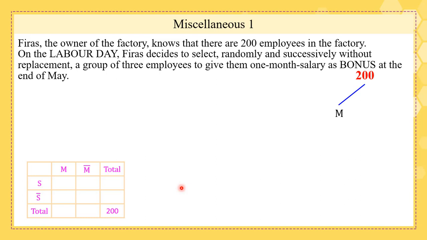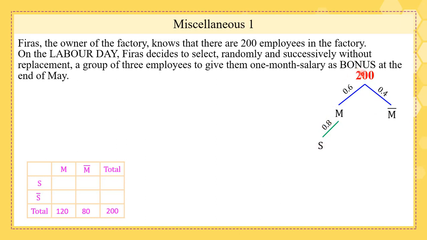Now we know from the tree that 60% of the employees are men, and 60% of 200 is 120. So we have 120 men. This is the total of men. Consequently, we have 80 women in this factory. So this would be the total of women. Now, out of the men, which means that out of the 120, we know that 80% are single.